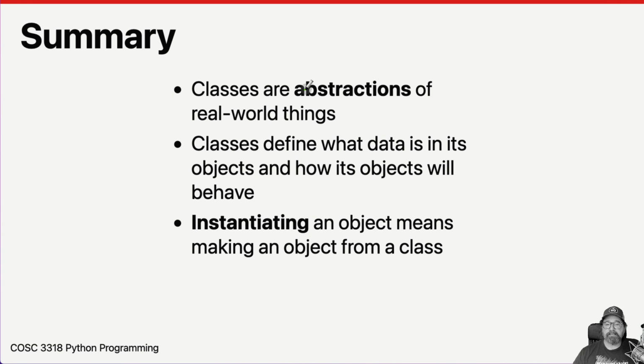Again, classes are abstractions of real-world things because real-world things have an infinite number of properties, of attributes to them. I'm Curtis, and so what are some of my attributes? My name is Curtis. I've got long hair. My eyes are brown. I've got 3 quadrillion cells in my body.